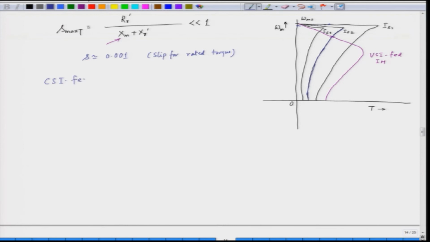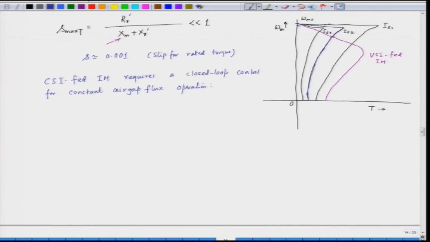A CSI fed induction motor requires closed loop feedback, closed loop control for constant air gap flux operation.